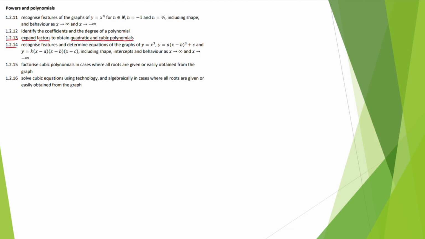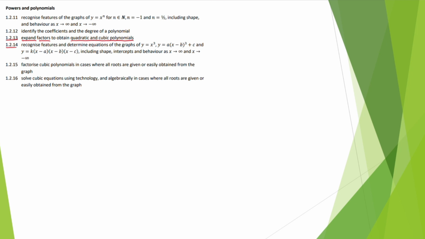And similarly, we are having a look at the Cartesian representation of cubics of different forms. And this will be heavily inspired, and I'll be drawing a lot from what we've discussed in our quadratics session, because a lot of these have very similar properties.